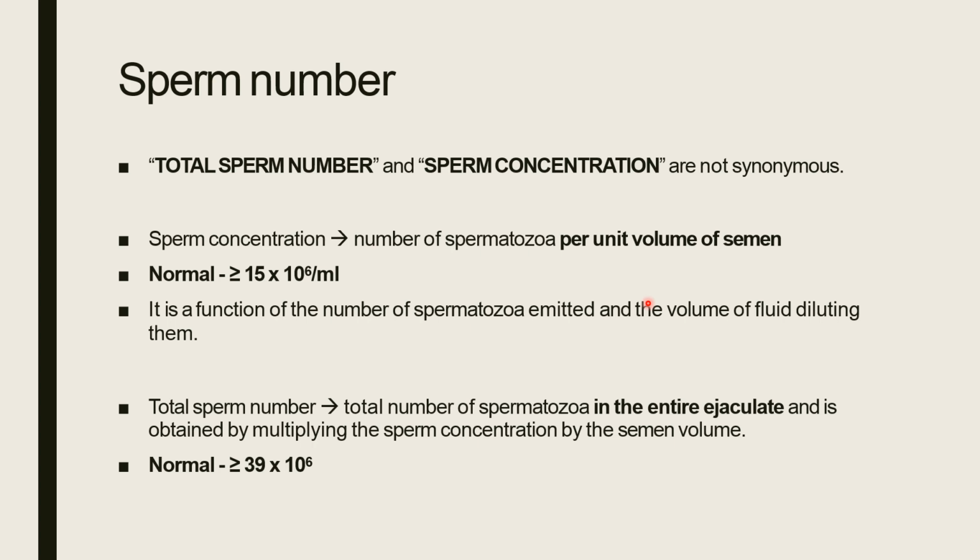Sperm concentration means the number of spermatozoa per ml of the semen, or per microliter of the semen, any unit of the semen, and total sperm number means the number of sperms in the total ejaculate, one ejaculate of the semen. So the normal sperm concentration would be greater than or equal to 15 million sperm per ml, and the normal number of sperms in an ejaculate, or total sperm number, should be equal to 39 million or greater.